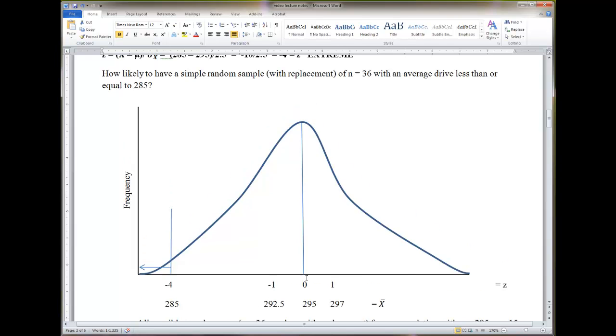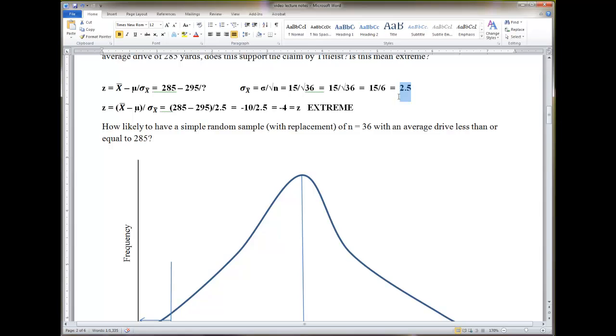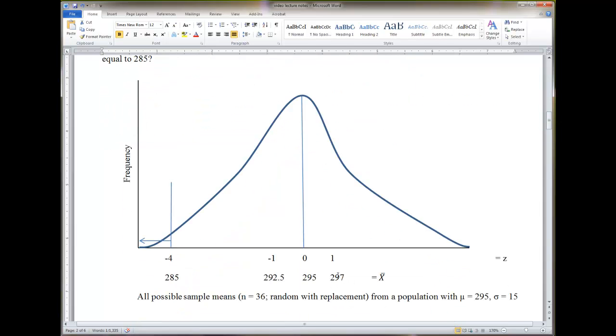So 295 minus 2.5 gives you this. And then 295 plus 1 standard error of 2.5 gives you this, 297.5. And I do that because it helps you draw your distribution, because your points of inflection should be right about at -1 and +1 z-scores.